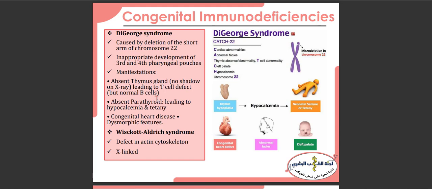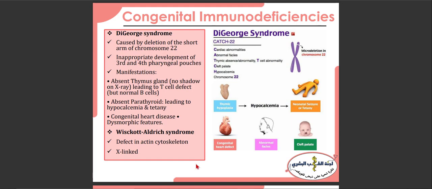So a patient presented to you with just X-ray, absent shadow and normal B cells but absent T cells or defect in T cells. As you all know, thymus is responsible for producing mature T cells. Also, it may present with absent parathyroid glands responsible for producing adequate calcium. So we will have hypocalcemia and tetany or seizures. Congenital heart diseases, dysmorphic features in the heart.